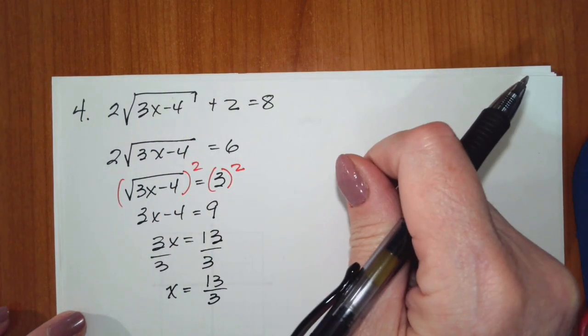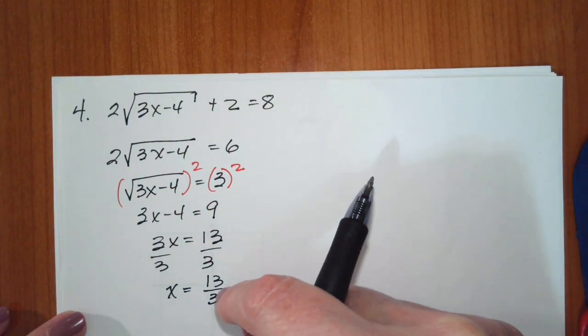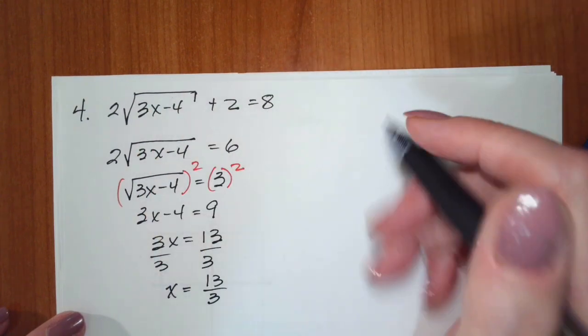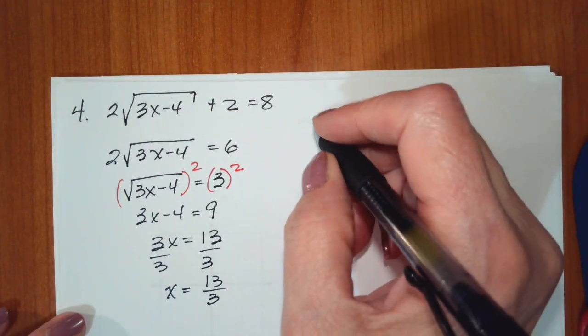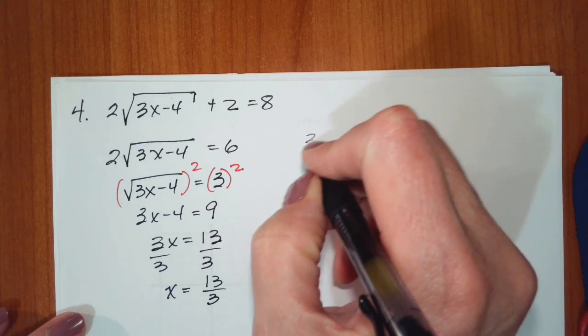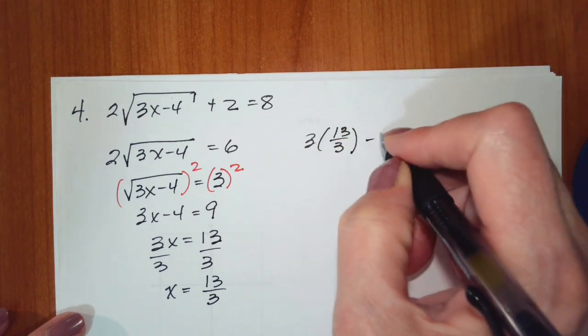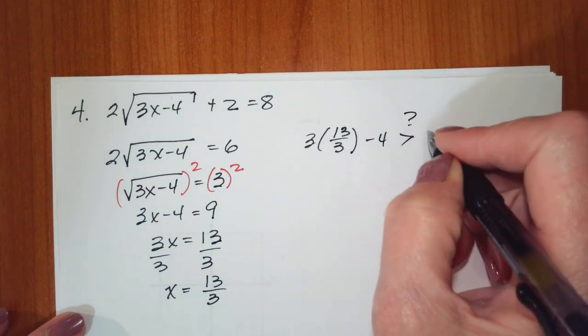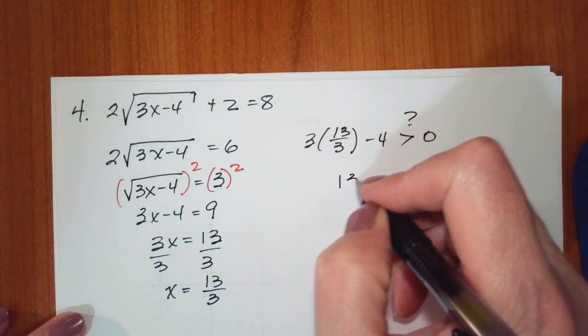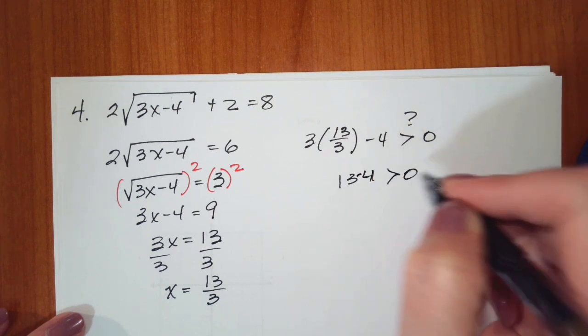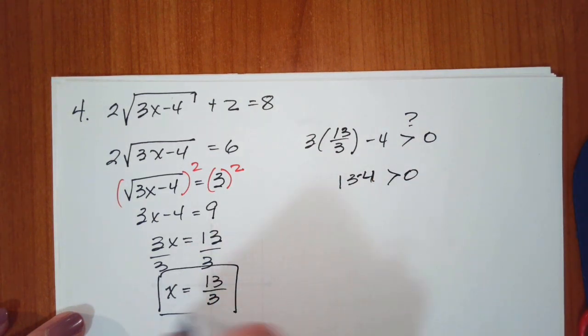Now, I also have to check this because my radicand has to be greater than or equal to 0. So I want to check 3 times 13 over 3 minus 4, is that greater than 0? Well, this is 13 minus 4, which is greater than 0, so this is a solution.